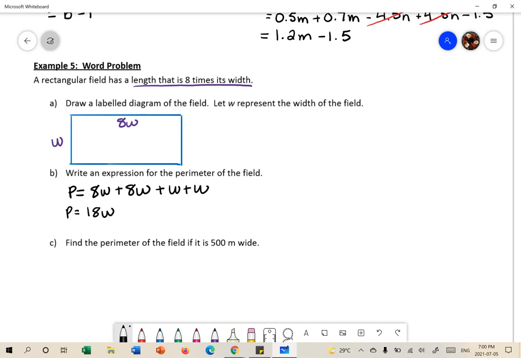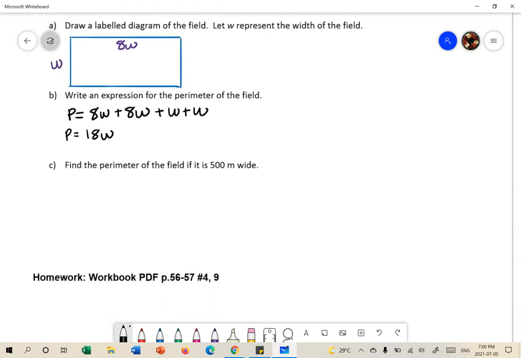Find the perimeter of the field if it is 500 meters wide. So the perimeter we found is 18W. So it's giving me the value of W. It's saying that W is equal to 500. So now, where I see W, I'm going to sub in 500.